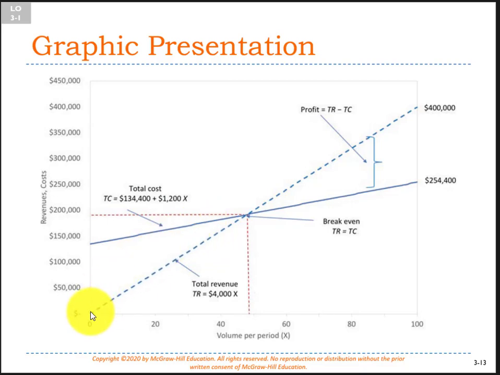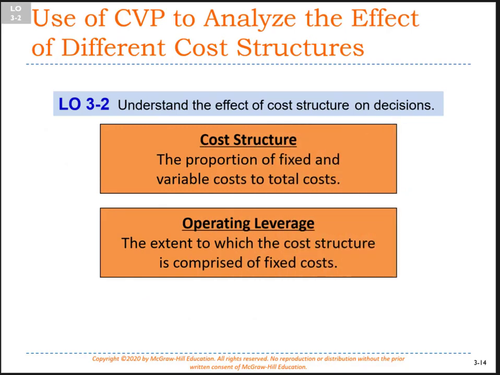Because revenue starts at 0 and goes up 4,000 for each one we sell. Costs start at 134,000 and go up only 1,200. So eventually, the revenue catches up. That's what the break-even point says.